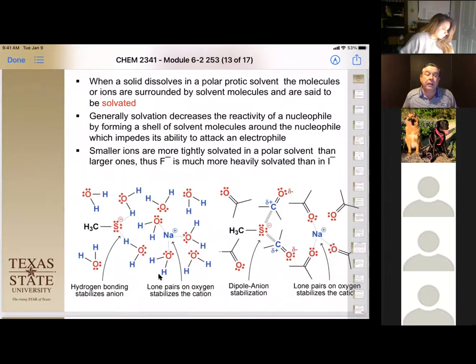Remember, the dipole-ion interaction is much weaker than the hydrogen bonding, and so we see a different effect here. In the case of the polar protics, the ion is being hydrogen bound. This is a much tighter bond, and it can stabilize that ion very well. However, in the case of our aprotic system, we only have that dipole.